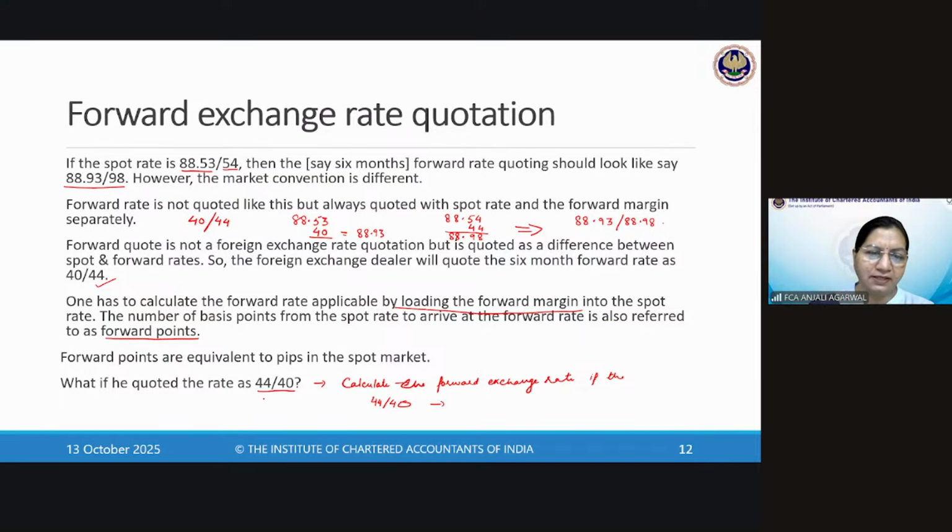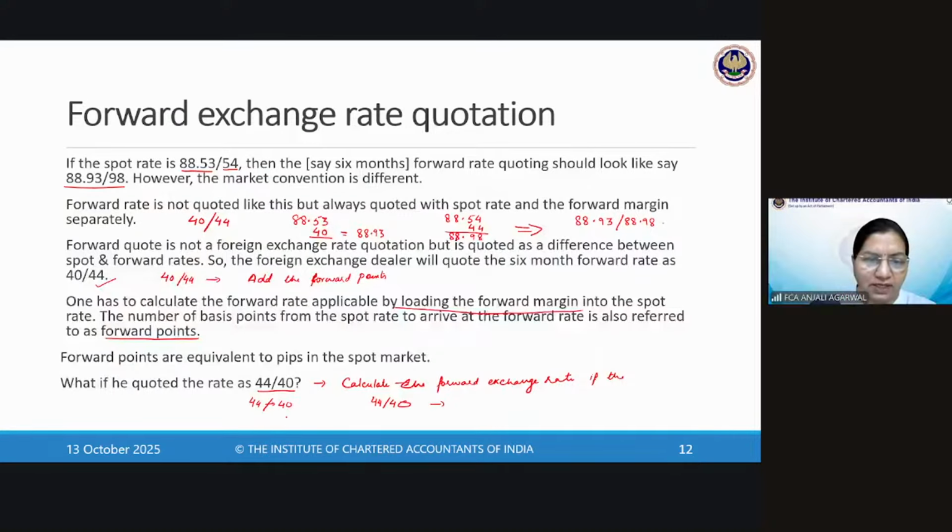You can see that the swap points are not increasing. Here you can see it is 40 oblique 44. So this means you're going to add the swap points or the forward points here. But if you see that the forward points are decreasing, from 44 it has gone to 40.